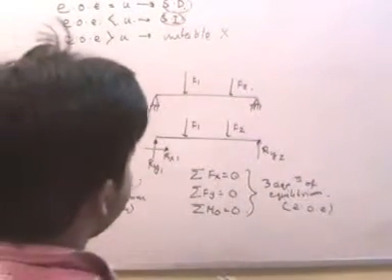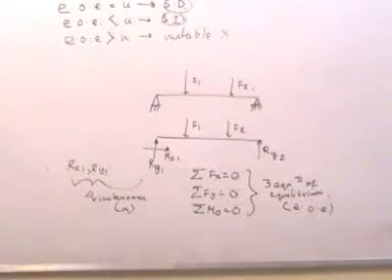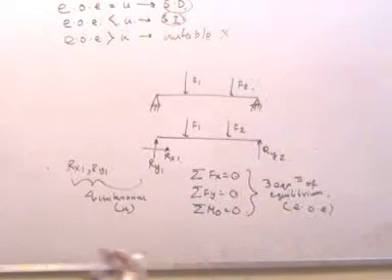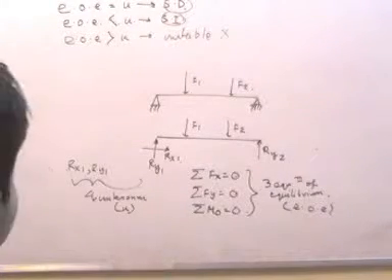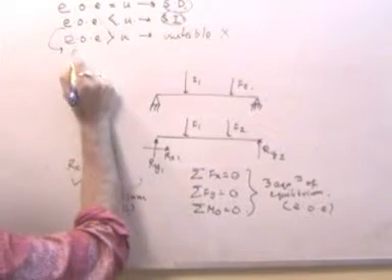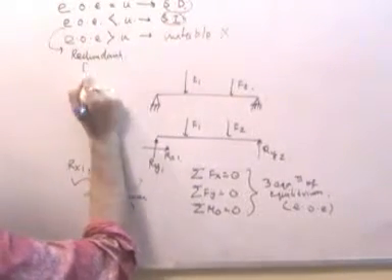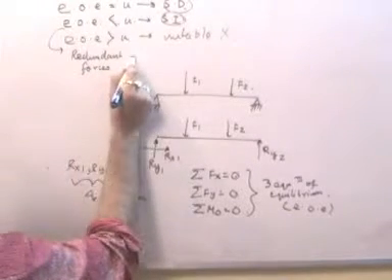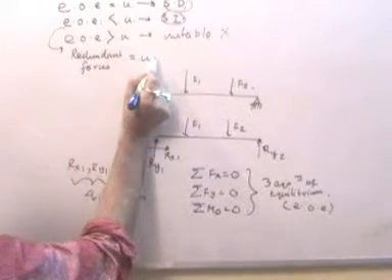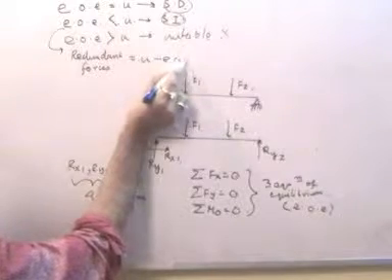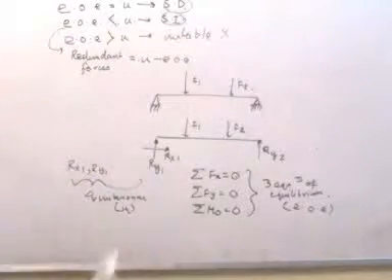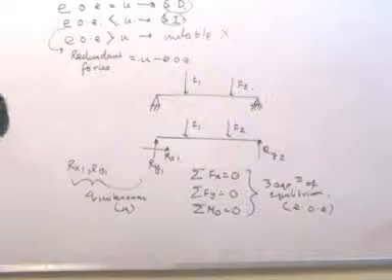So essentially, if we have a statically indeterminate structure, we have some kind of redundant forces. And the number of redundant forces is basically equal to the number of unknowns minus the number of equations of equilibrium. Here the number of unknowns was 4, the number of equations of equilibrium was 3.